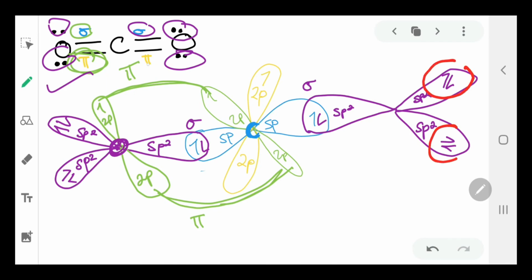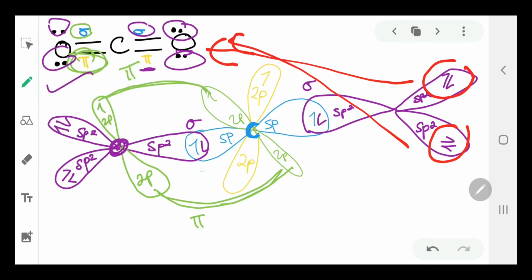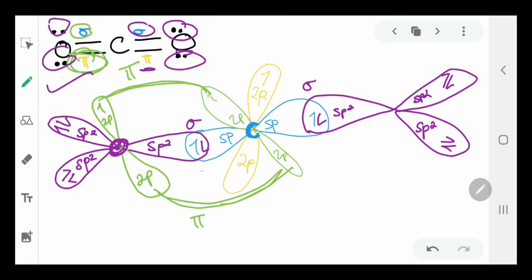And what about your pi bonds over here? So you have this, another one, you haven't drawn the overlapping. So you're going to draw it. The direction is going to be quite parallel to one another. So you have 1 here, 2p for the oxygen. So you're going to do the same thing. So you have above and below.